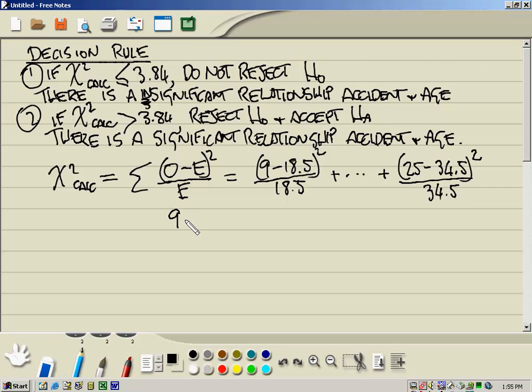If we look at the calculation for the first cell by itself, 9 minus 18.5 squared divided by 18.5, you'll see that that's 4.88, which is already greater than the critical value of 3.84, so we really don't need to go any further.